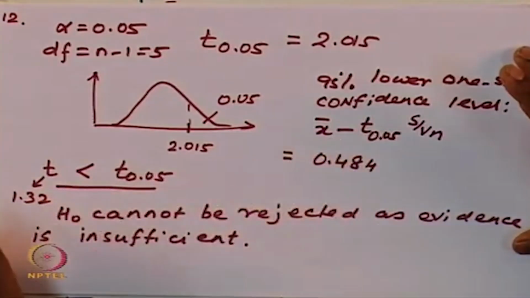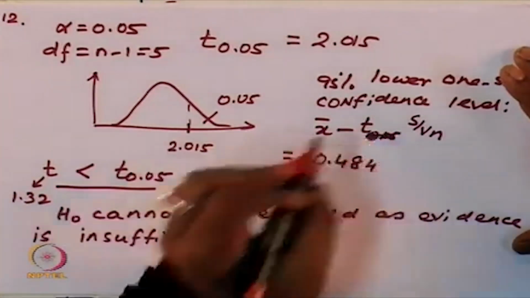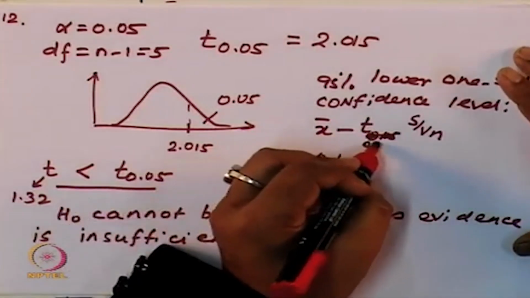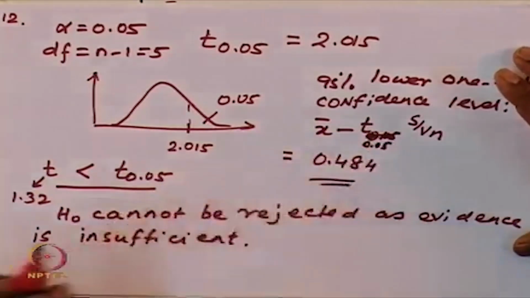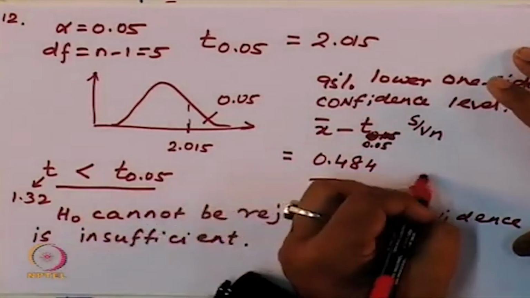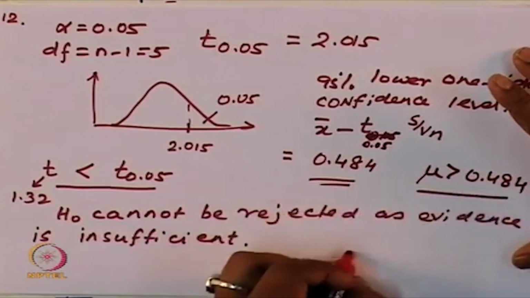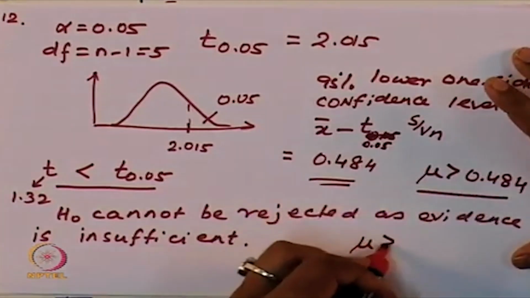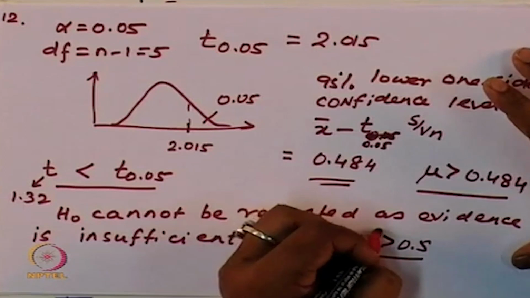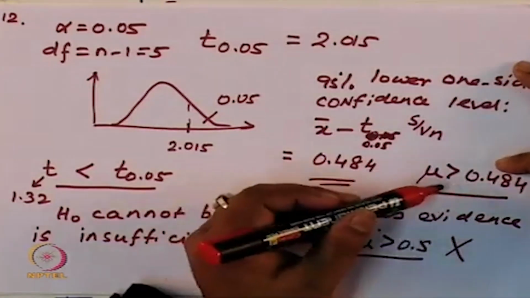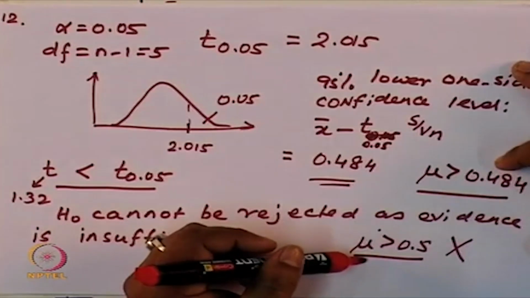So, this tells us that mu is greater than 0.484, but our assertion was that mu is greater than 0.5. So, this is not established, because even a value of 0.49 is not greater than 0.5.